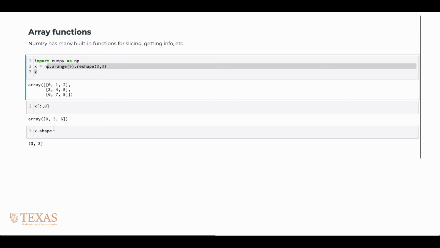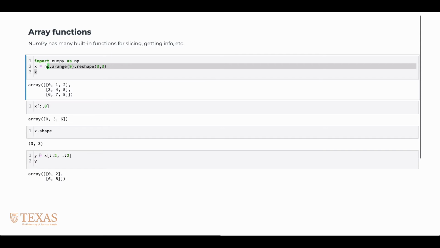Again, NumPy arrays are objects once they're instantiated, so they have attributes. In this case, one of the attributes is shape, and when we call reshape on it, we're actually changing that attribute. So the array, or the object, is stored in X, and it has an attribute shape, which tells us it's a 3 by 3.